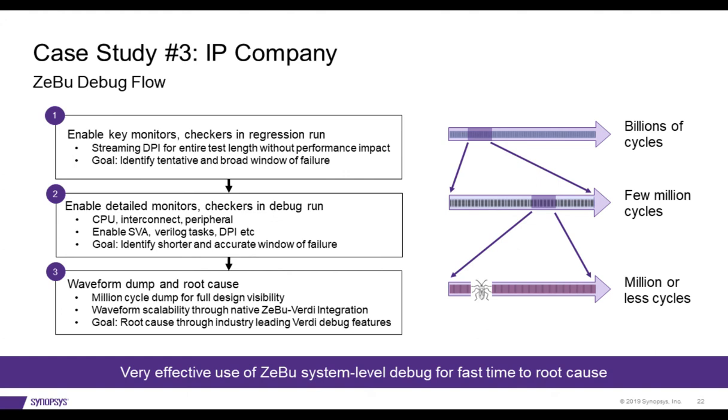When they get to this window, they are able to do a full visibility waveform dump of a million cycles, or in some cases even a multi-million cycle dump, and finally use native ZeBu Verdi integration and the next generation waveform scalability solutions to root cause the problem. As you can see here, this shows a very effective use of ZeBu system level debug to reduce time to root cause by reducing the number of iterations.